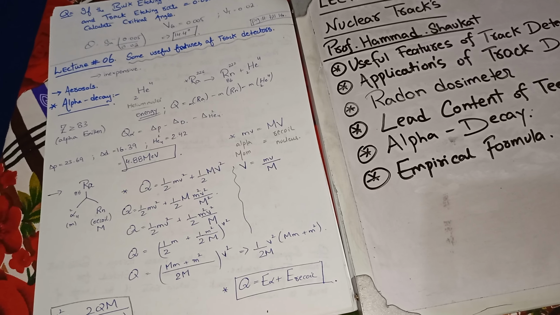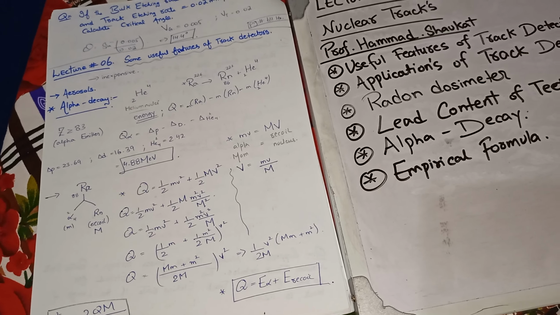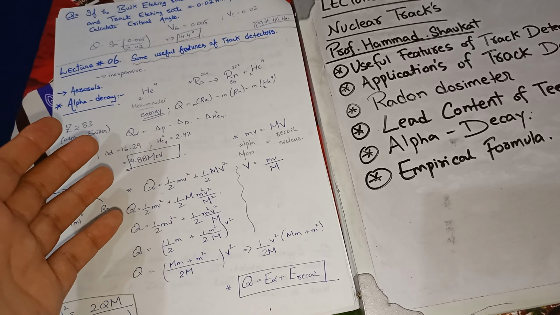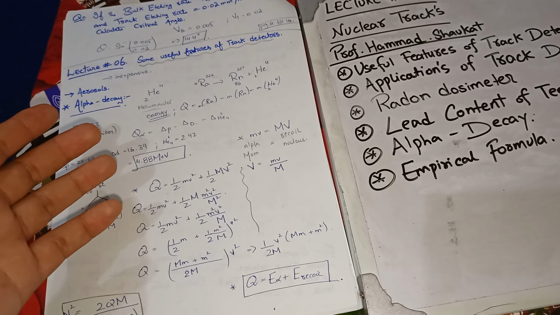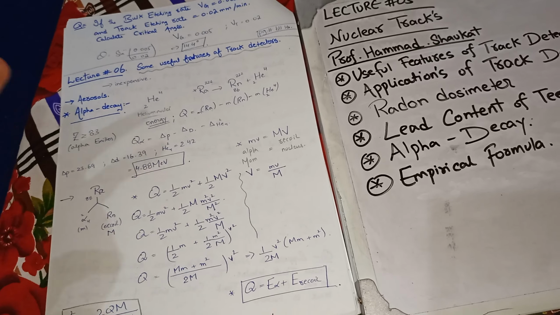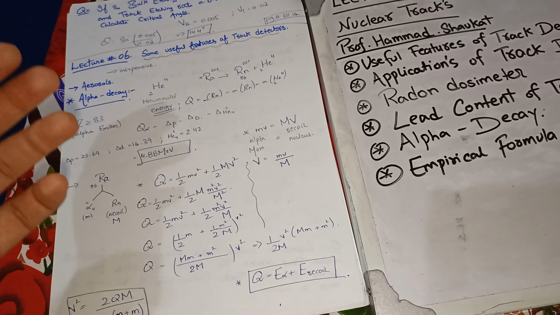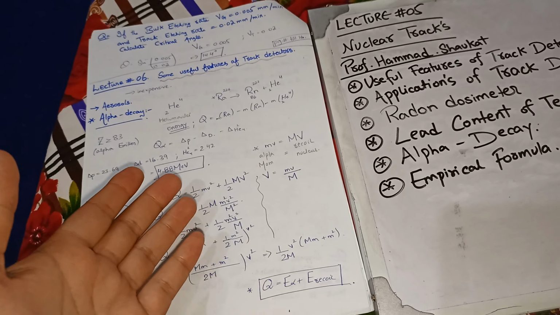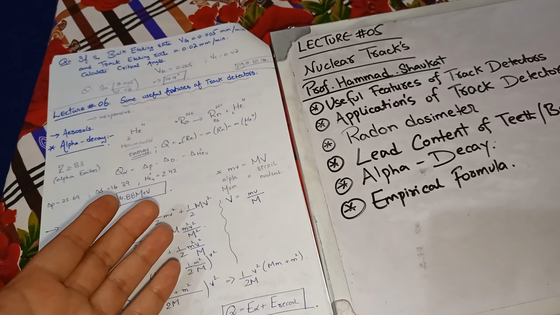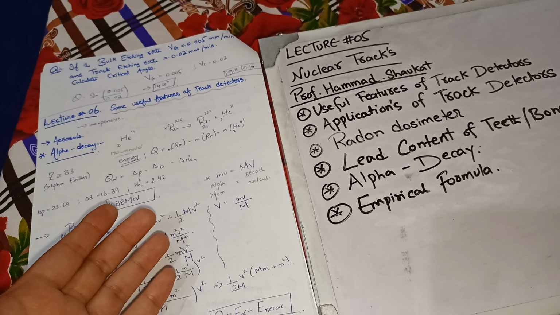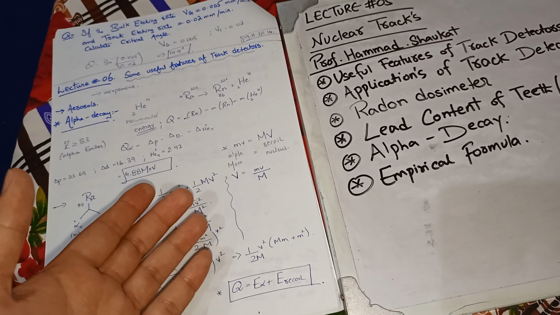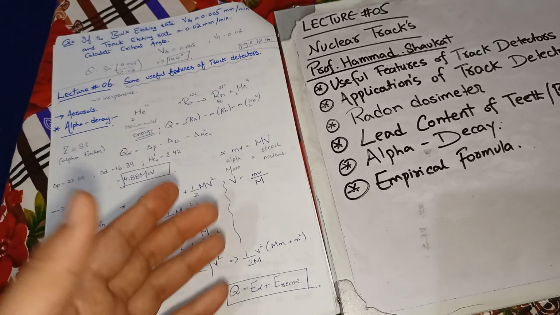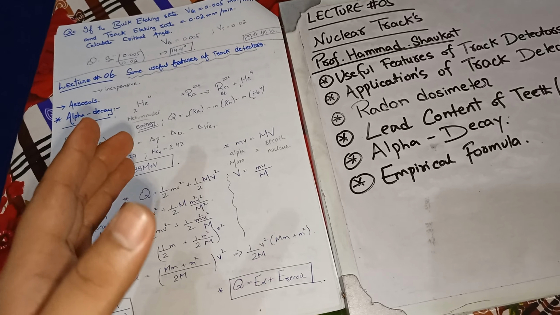They can also be used as threshold detectors, for example glasses and plastics record fission fragment tracks, but do not record alpha particle tracks. This is a small drawback, but the important thing is they are insensitive to beta, gamma and x-ray radiations.